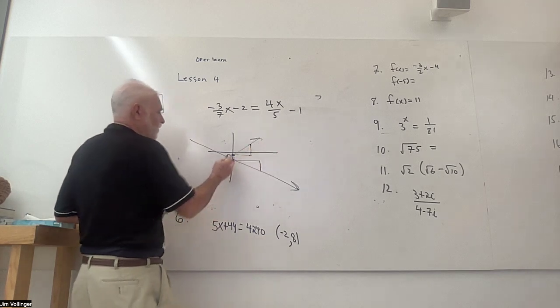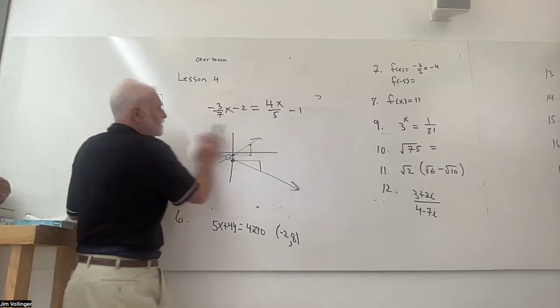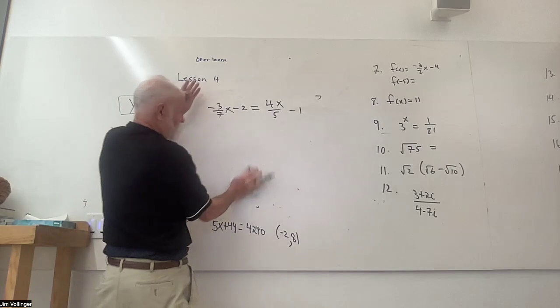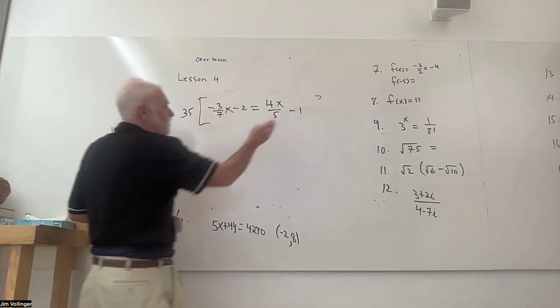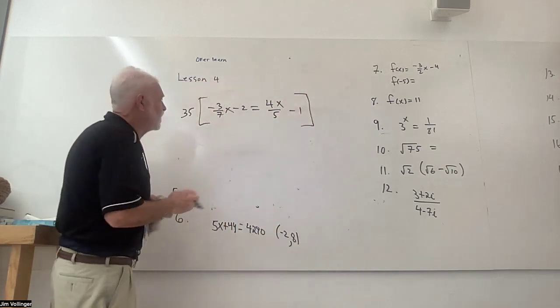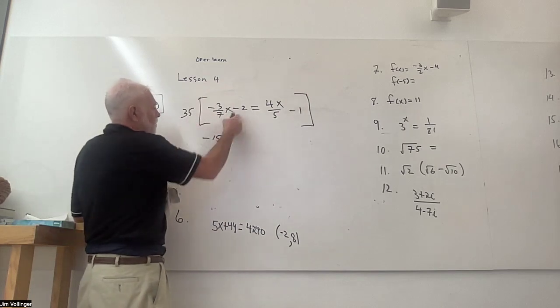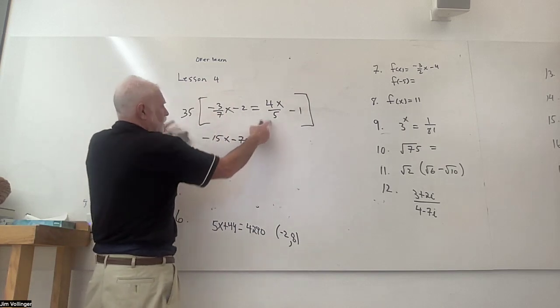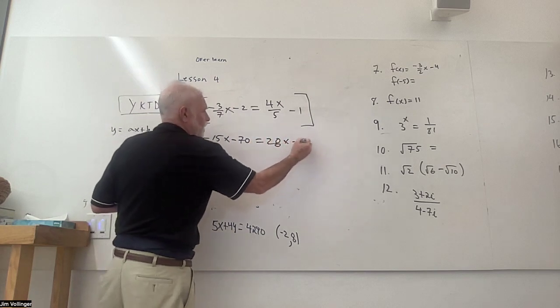All right, so I'm looking for a small negative number, and if I don't get a small negative number, then I did something wrong with one of those processes. So I'm going to multiply by 35. If you're just coming into lesson set 4 without having done the other lesson sets, go back to those. It's 5 minus 15x minus 70. 7, 28x minus 35.